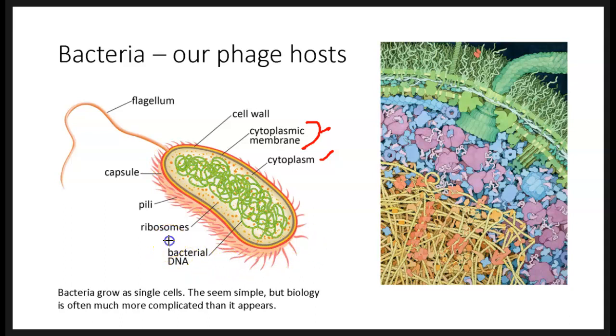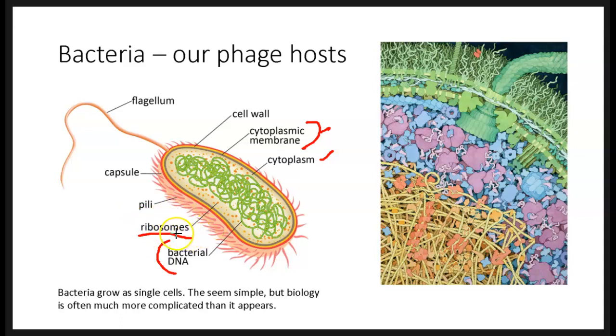Most importantly, inside of the cell is the DNA, or the chromosome of this cell. So the DNA, or what we call the genome of the bacteria, is the information that contains all of the instructions for making the cell the cell. Also, inside of the cell, you can find a number of other structures, including ribosomes.